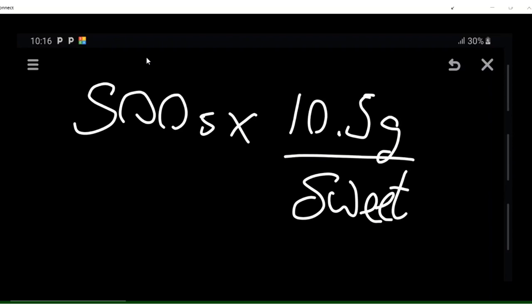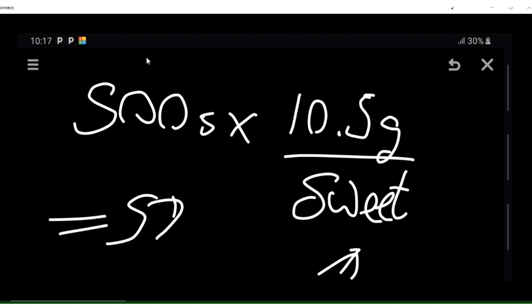This sweet means one sweet. If you multiply 500 times 10.5, you get 5,250. Which means your 500 sweets weigh 5,250 grams.